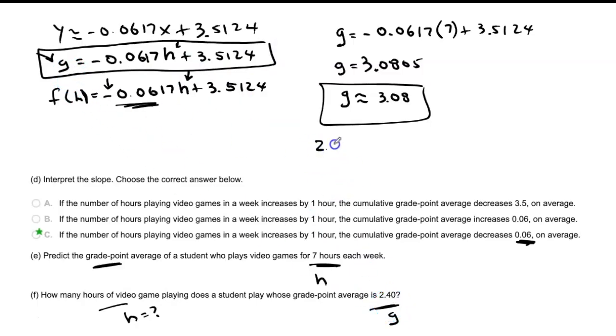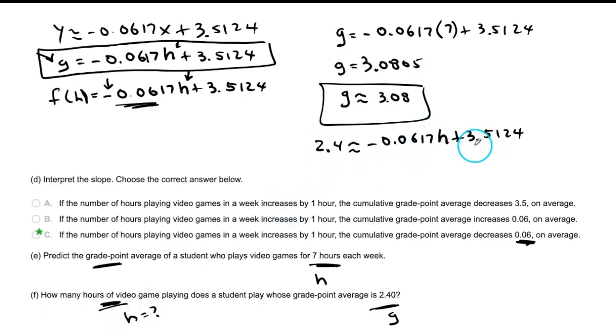So it's going to be 2.4 approximately equal to negative 0.617 H plus 3.5124. And from there, you solve for H, because the question is how many hours the student has to play in order for the GPA to drop down to 2.4.